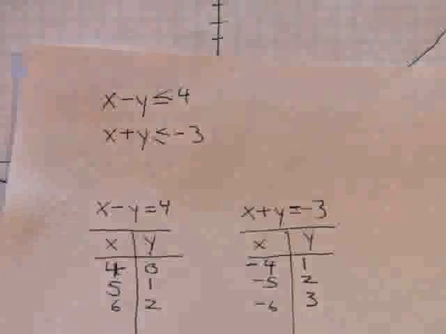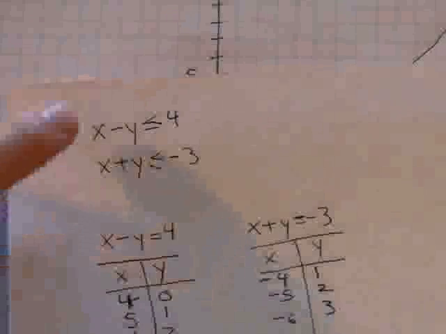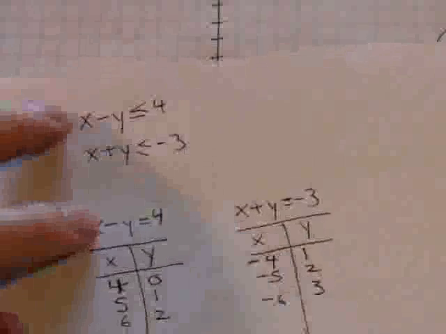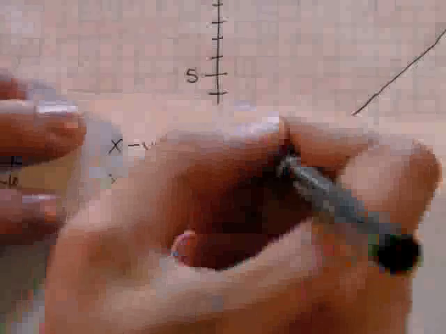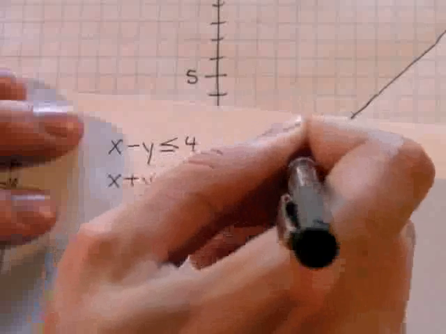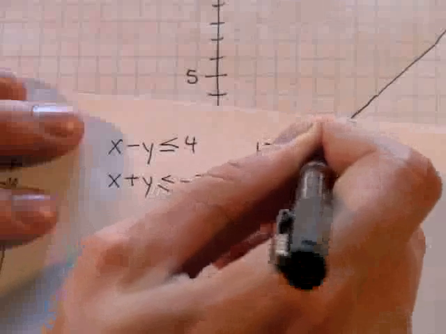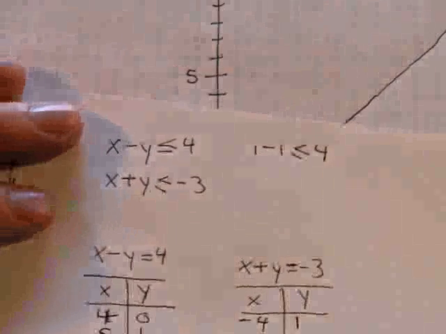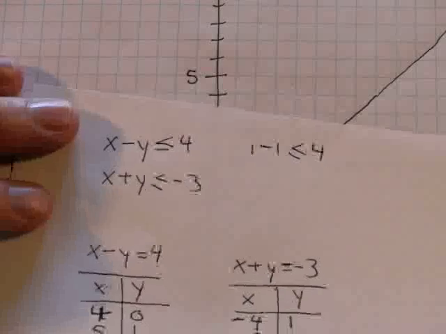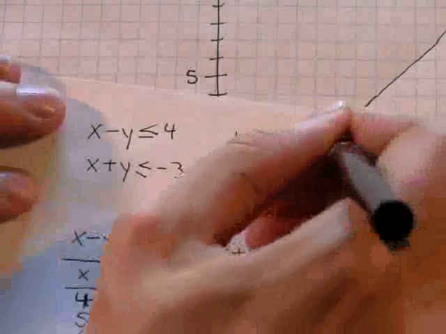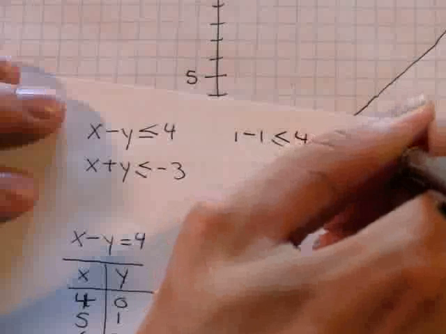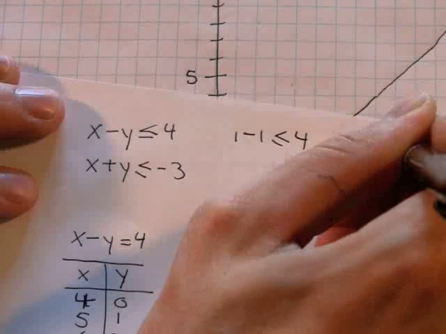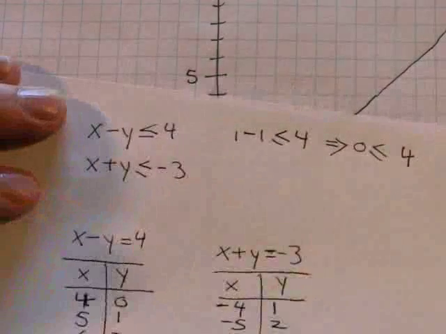Remember, we're going to use this original equation here. So first one is 1, 1. So 1 plus 1 is less than or equal to 4. That means this will become 2 is less than or equal to 4. That's true.